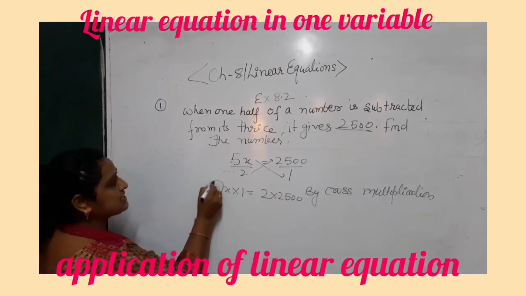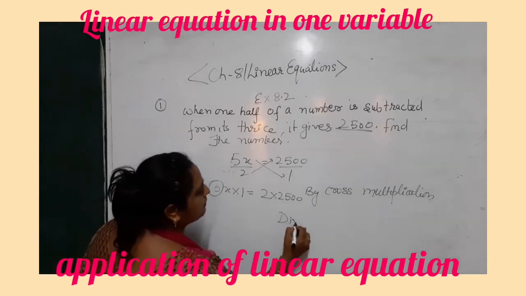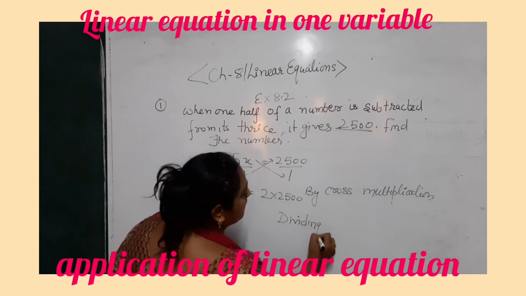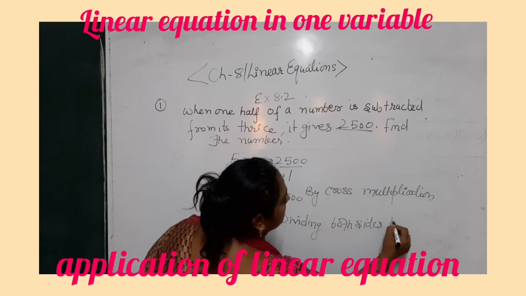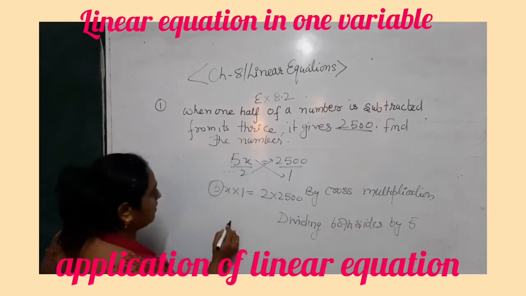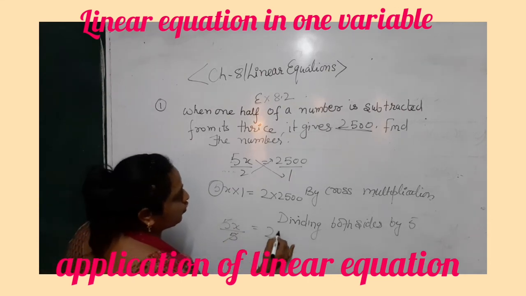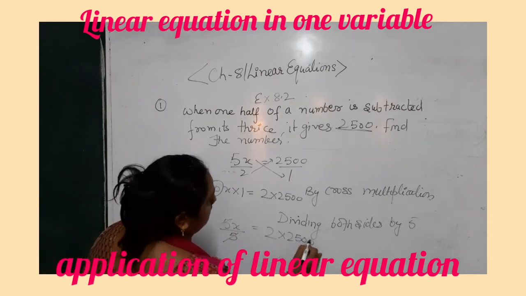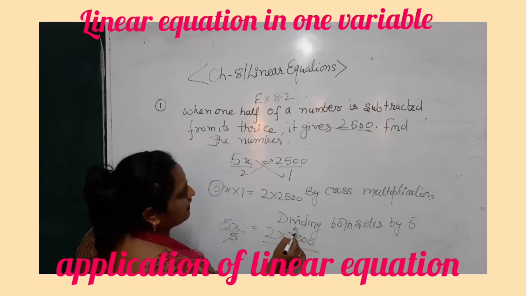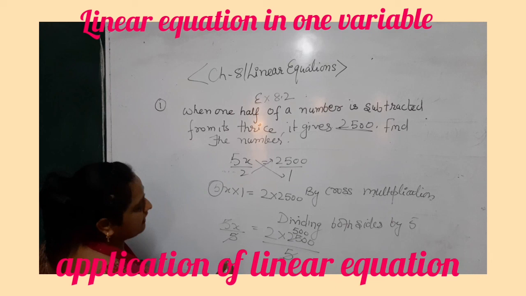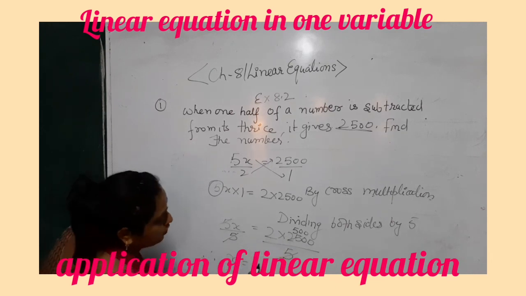Now what is the coefficient of x here? 5. So now dividing both sides by 5. What will we get here? 5x divided by 5, cancels with 5. 2 into 2500 divided by 5. 5 fives are 25, so 500 into 2 is 1000.